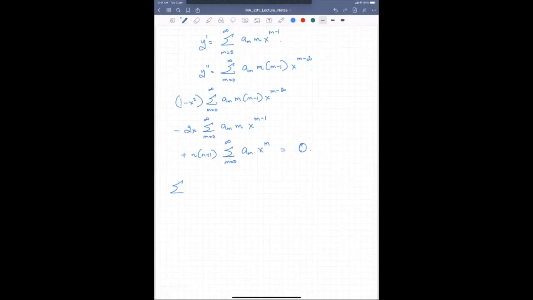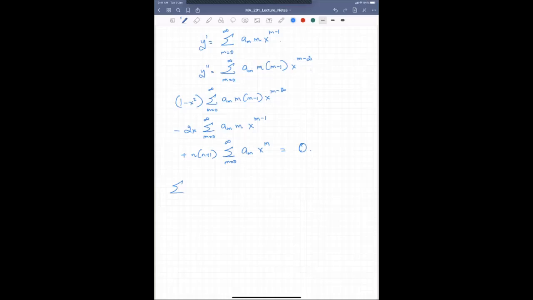It is x squared multiplying this. If I take x squared inside the sum, which I can always do, I'm simply multiplying all the terms by a factor of x squared, but all the terms have x to the m minus 2. So x to the m minus 2 times x squared will give me just x to the m. So the second series is the sum of a_m m (m minus 1) x to the m.